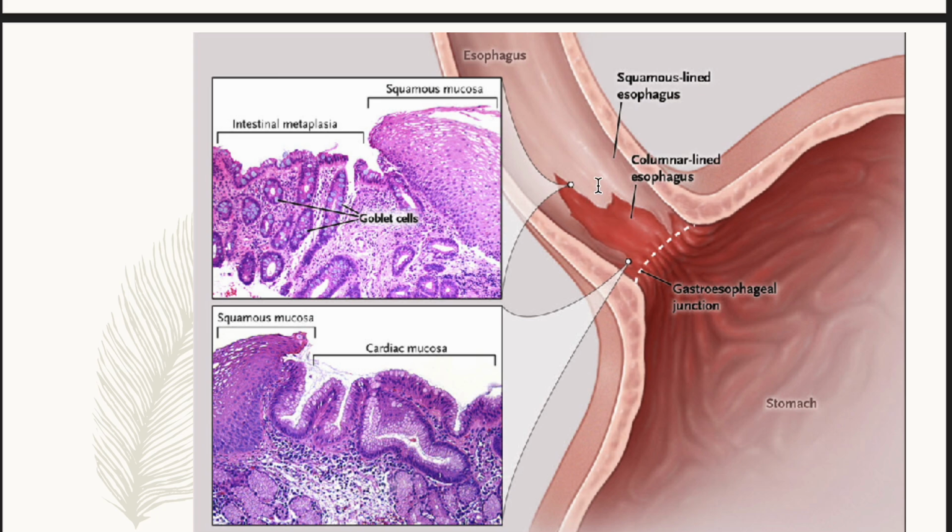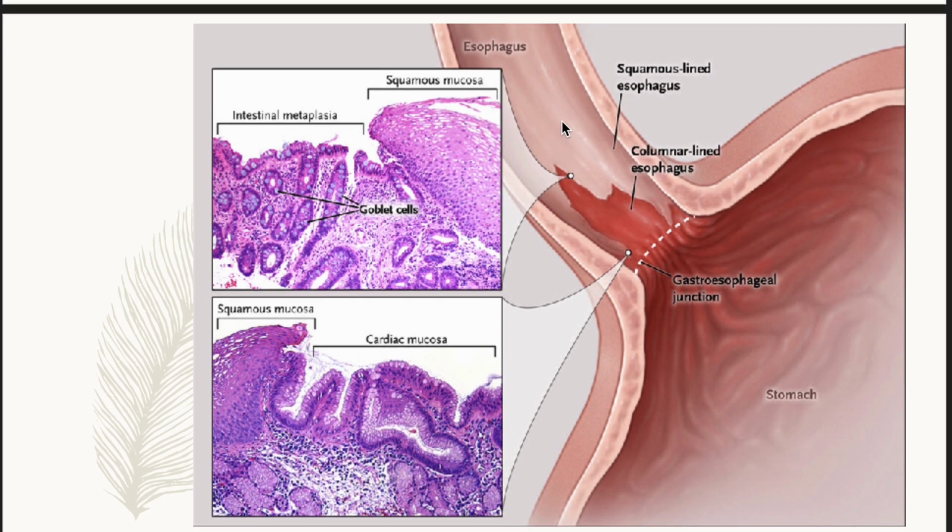So katong acid, ang esophagus is not made para ma-stress sila sa acid. Dili sila gihimo ni Lord para maka-withstand sa acid. So mag-adapt sila. So mahimo silang columnar pod, same sa imong stomach, para makaya nila ang sigig exposure sa acid.